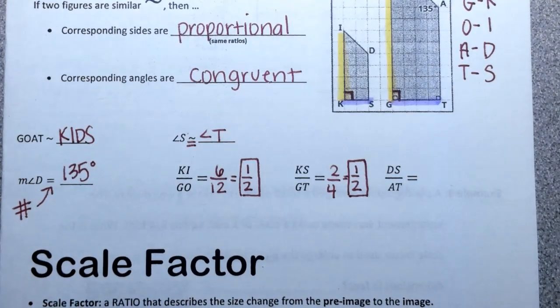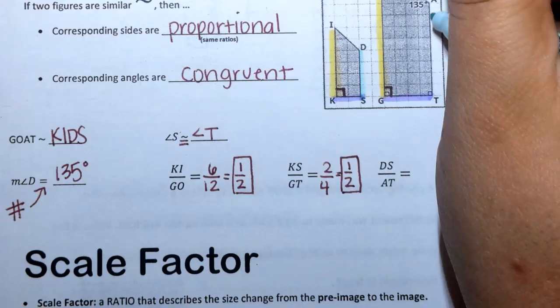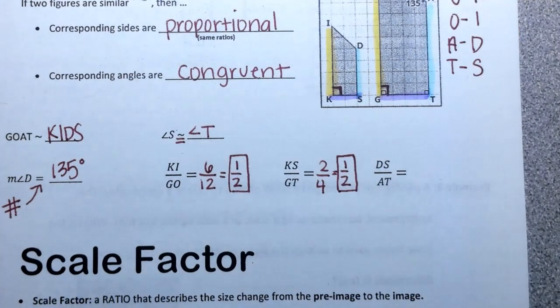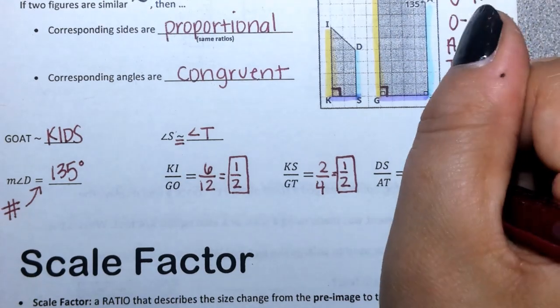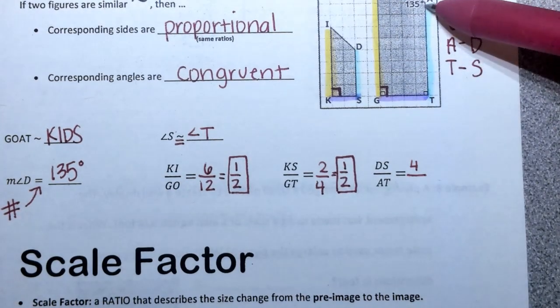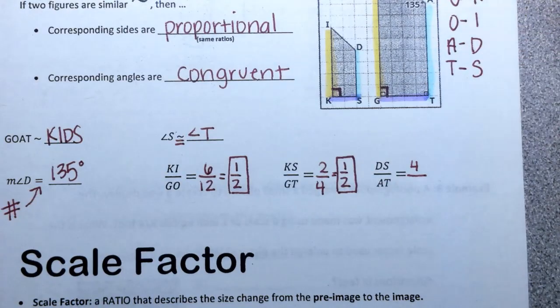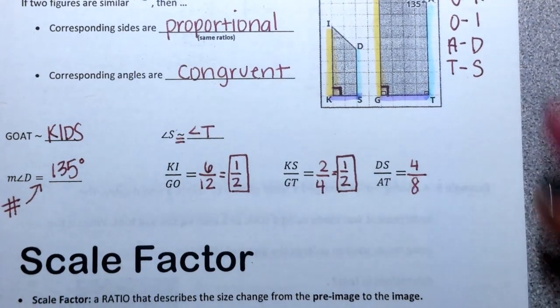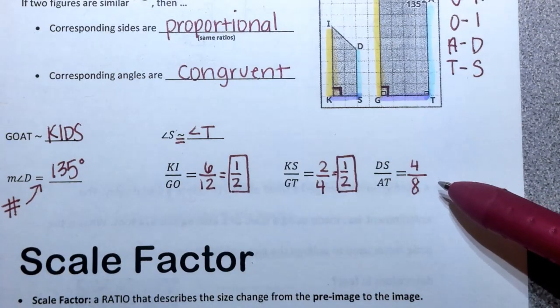Last but not least, we have DS and AT. Count them. How long is DS and AT? Now, a lot of y'all saw the 4, and what did you automatically, without counting, think the bottom was going to be? 8.